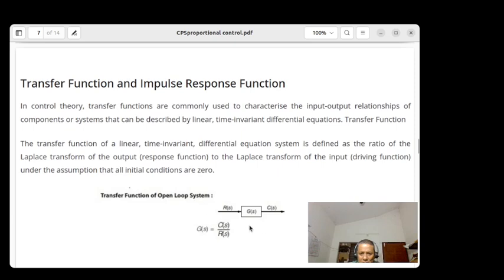Consider this an open loop system G of s, and here there is no feedback, so it is an open loop system. C of s is the output and R of s is the input. So the transfer function of an open loop system is G of s equal to C of s by R of s.